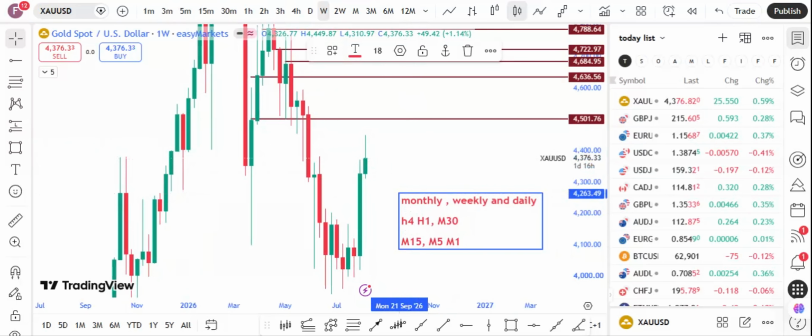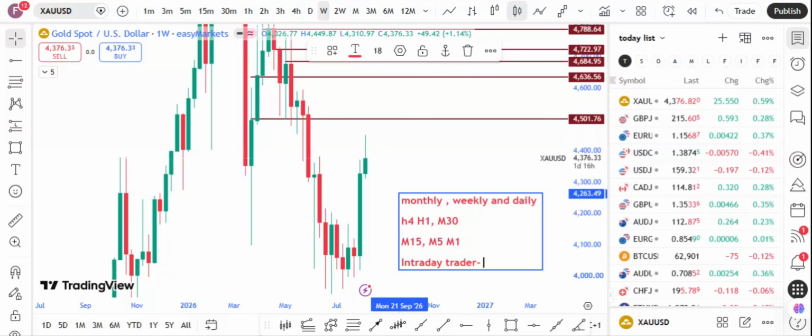If you're an intraday trader like me, I am not a swing trader, the time frame you are going to use for your analysis for the day is what matters, because what you are trying to decide is the direction for today.